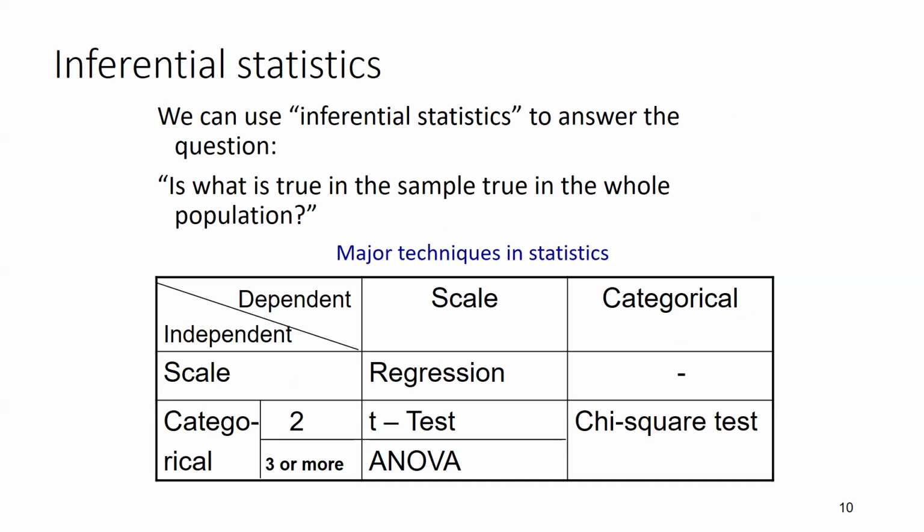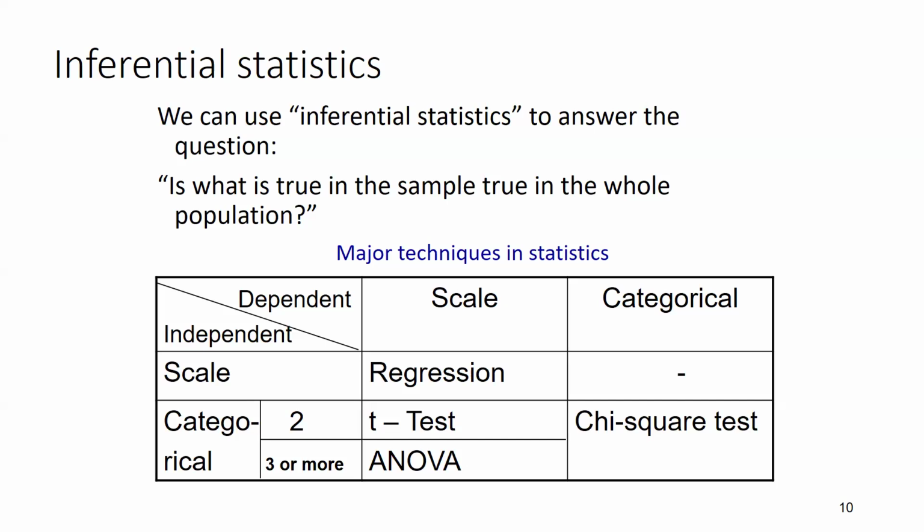But when you need to compare something, you need to check inferential statistics. We can use inferential statistics to answer questions like, is what is true in the sample true in the whole population?